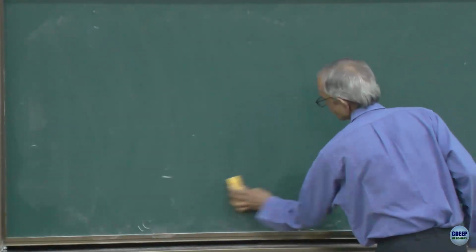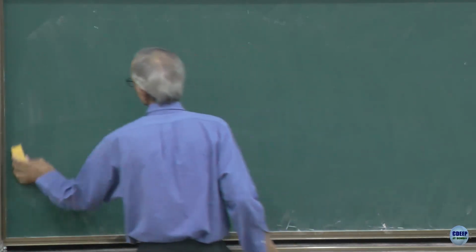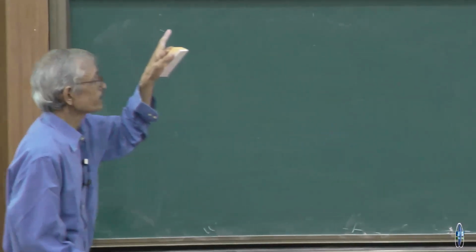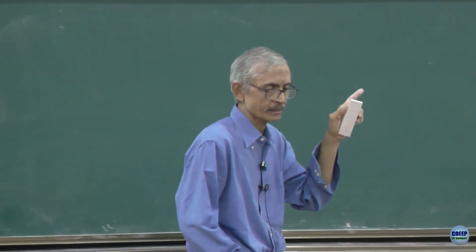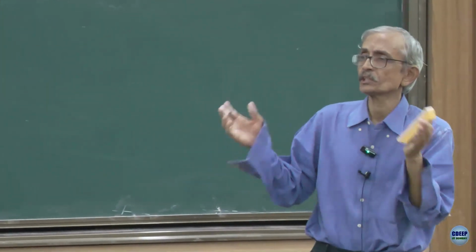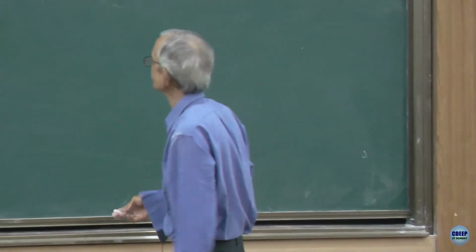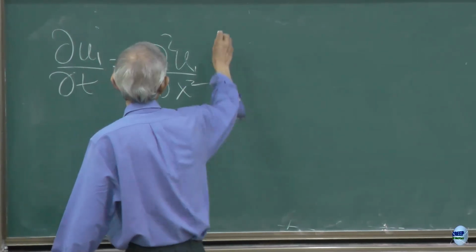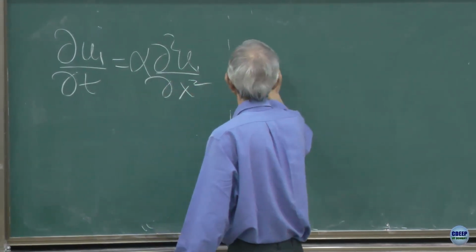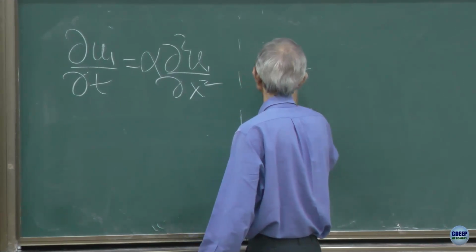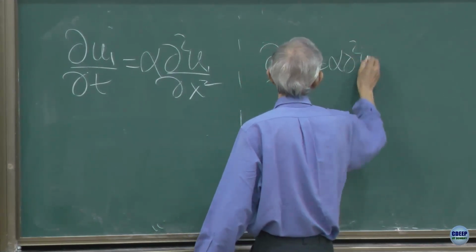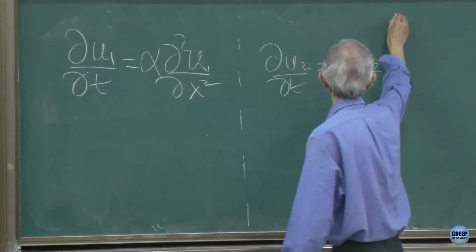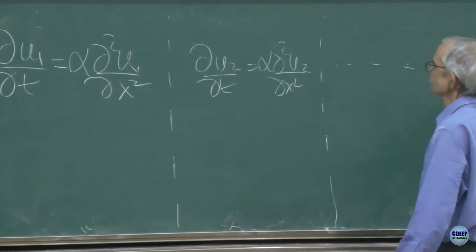We have our governing equation, and we are saying that the solution is being hypothesized to be equal to a summation of u's, and therefore I have got del u1 del t is alpha del square u1 del x square, right? And then del u2 del t is alpha del square u2 del x square, and then dot dot dot.